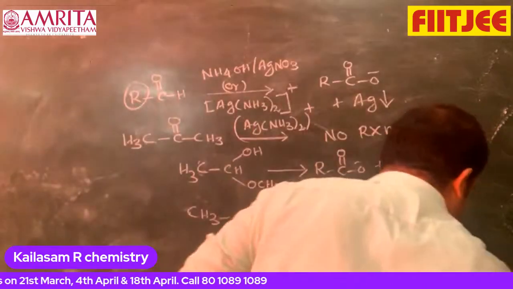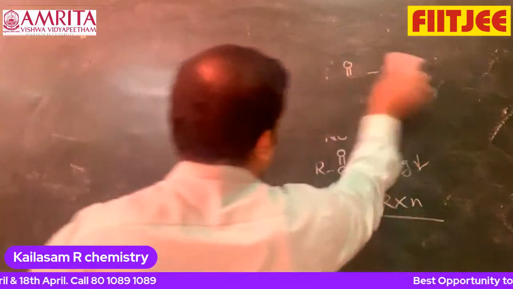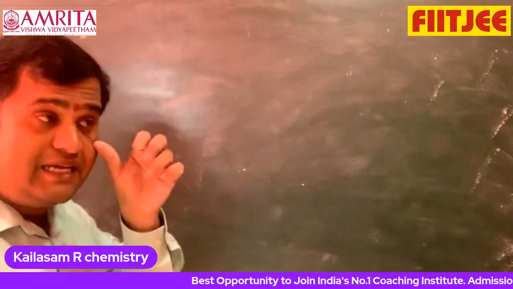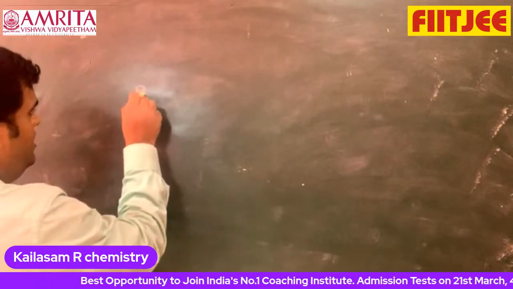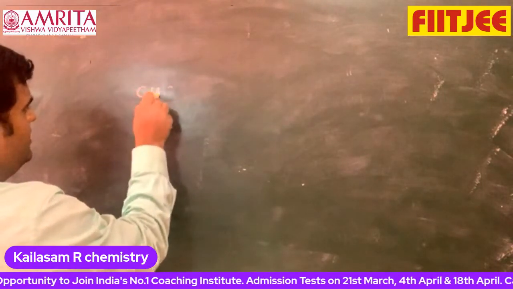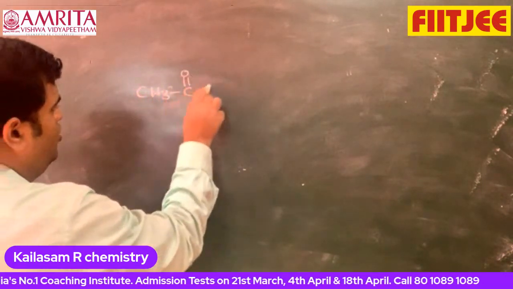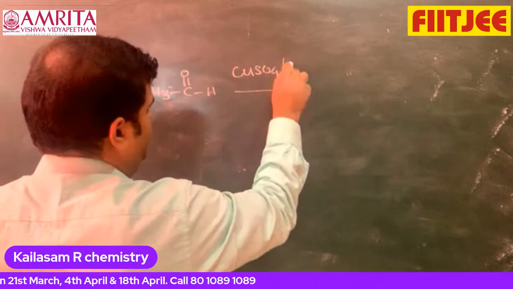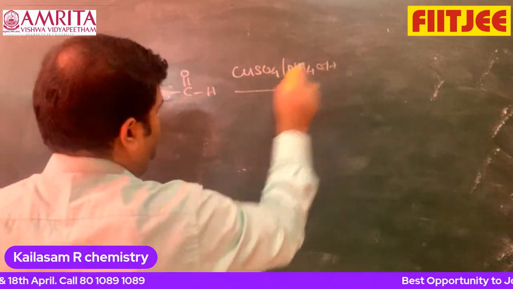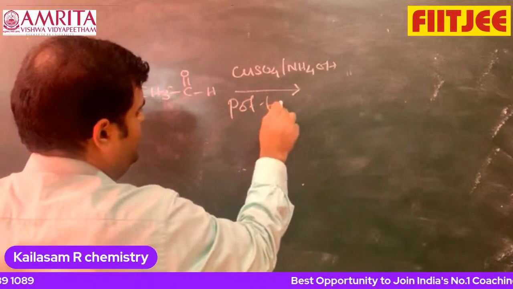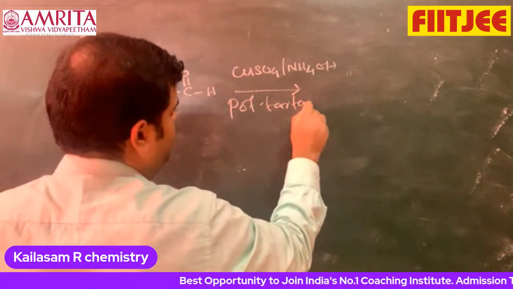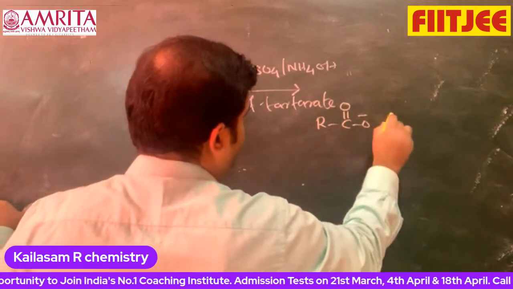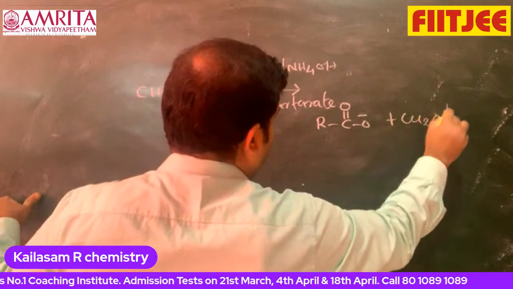Next one. What about Fehling's? Look at this. In the case of Fehling's, the same R-CH3-C=O-H. For the Fehling's test, I can go with CuSO4, base of NH4OH, potassium tartrate, which forms R-C=O-O minus plus Cu2O.